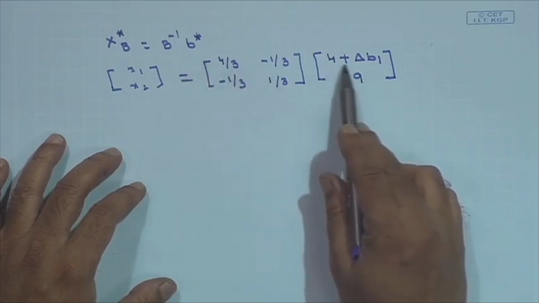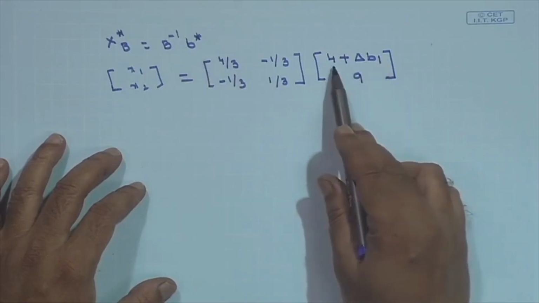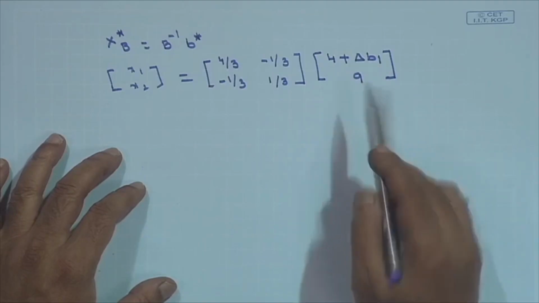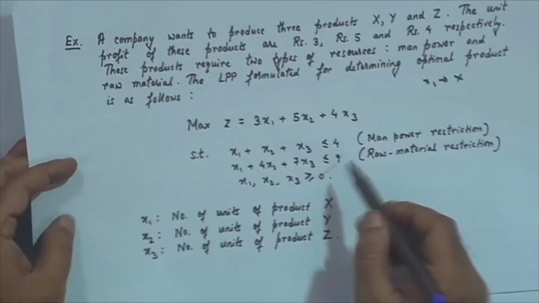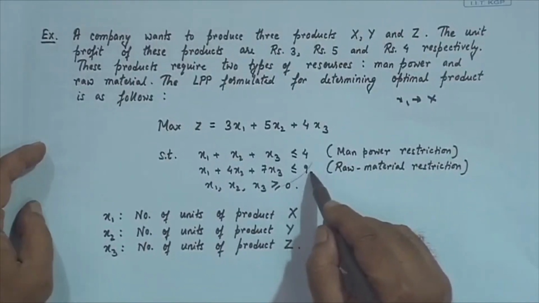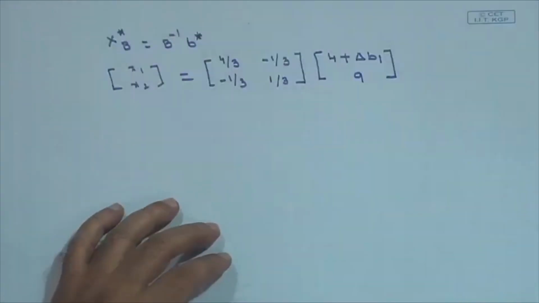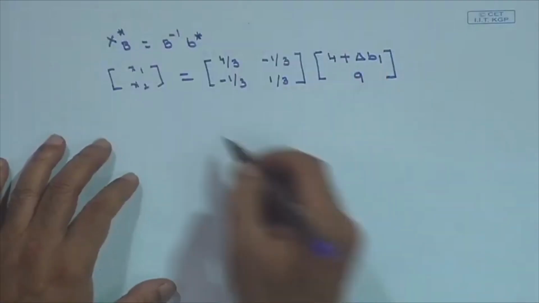B star you are writing as 4 plus delta B1, the original value was 4, and for the second one, from this table, it is 9. Your second resource was 9 and the first resource was 4. So, this 4 has been increased to 4 plus delta B1 and this has become 9.